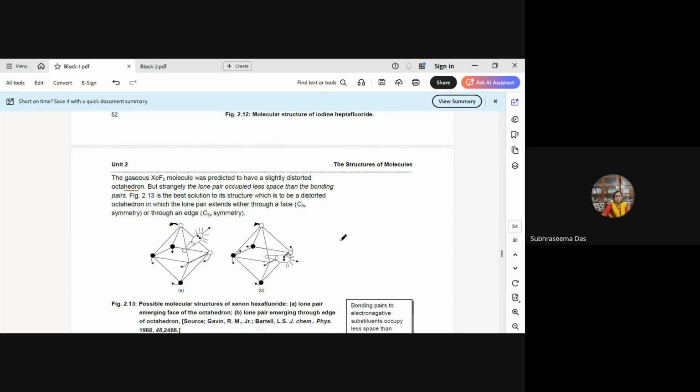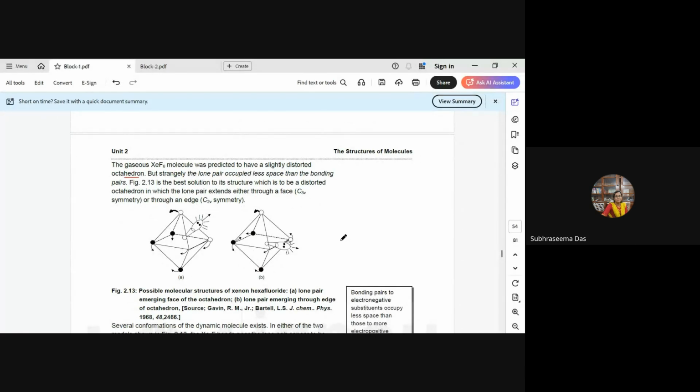Now to understand why, we have always known that a lone pair occupies more space, that is, the angular volume of lone pairs is always greater than that of the bonding pairs. So in this case, xenon hexafluoride, the lone pair was found to occupy less space than that of the bonding pair. So to predict the geometry, 2 possible structures were given.